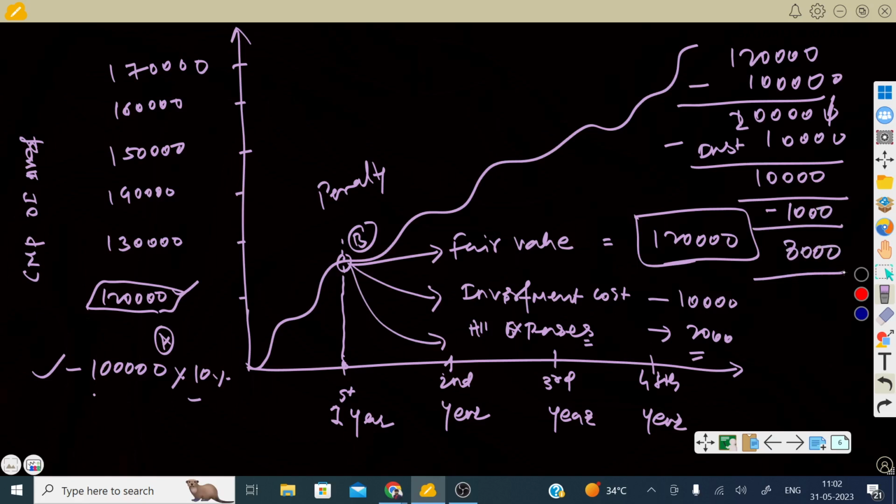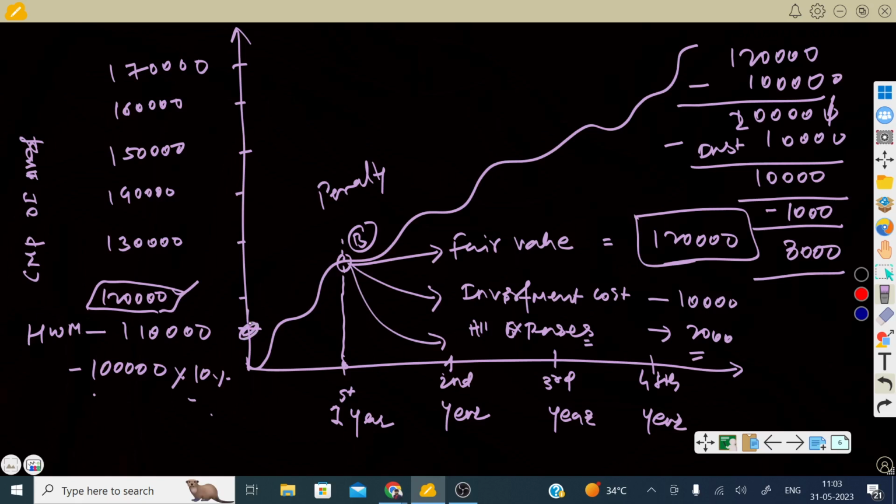So that becomes 8,000. And on 8,000, the fund already achieved the high watermark, right? High watermark was the capital plus 10% interest. If you calculate it here on the graph itself, the high watermark would be this, 1,10,000.